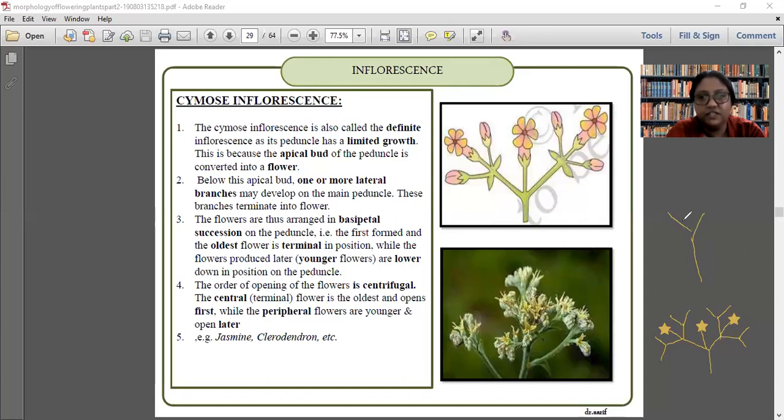In case of racemose, if you look, the old flowers will be at the base always. Okay, and the new flower will be in the next branch. Here, old flower will be above and new flowers will be later on. And we also call it centrifugal.